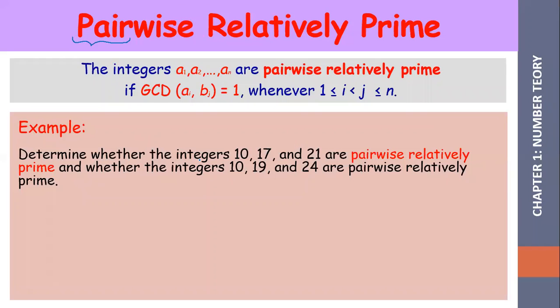Determine whether the integers 10, 17, and 21 are pairwise relatively prime, and whether the integers 10, 19, and 24 are pairwise relatively prime.